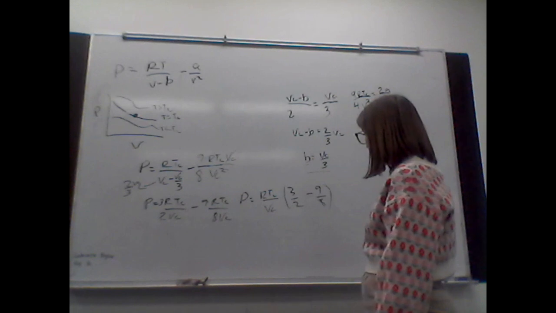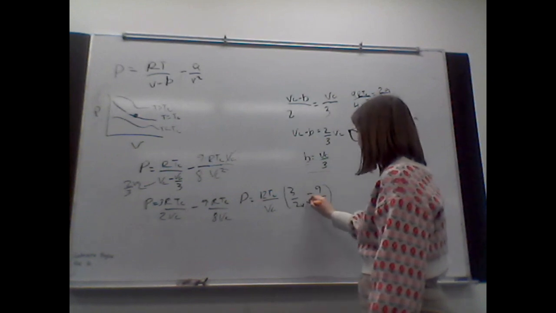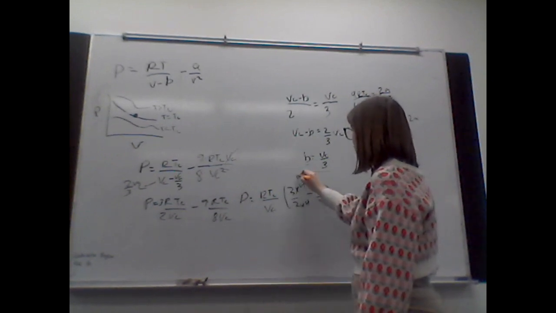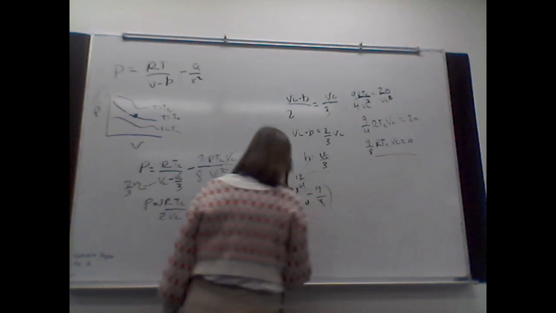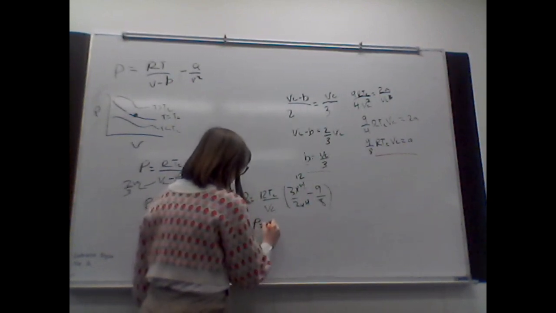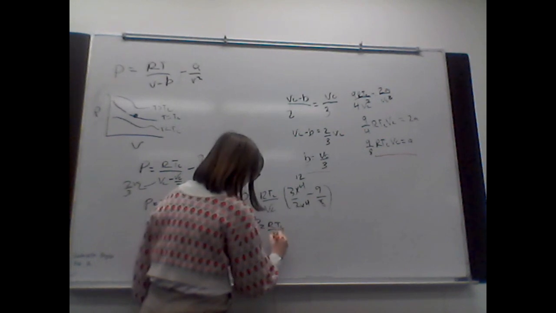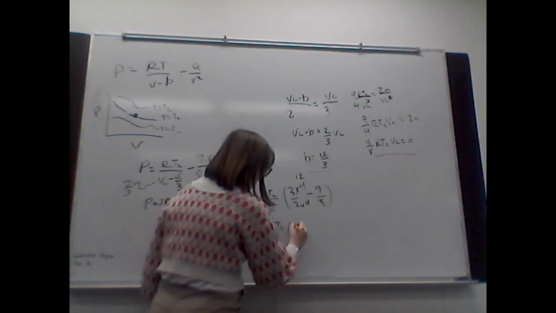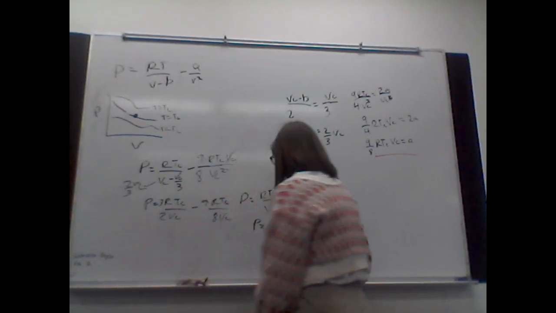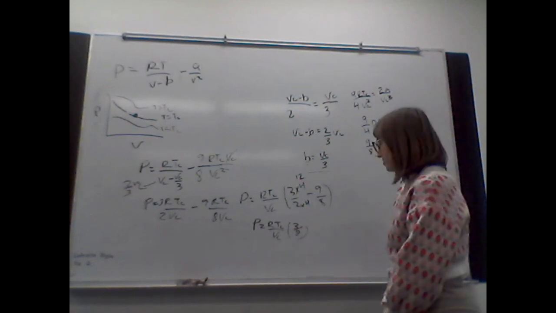Now let's multiply by 4 on this side. Common denominator, that's 12. So P is going to equal RTC over VC, it's going to equal 3 over 8. Okay, so we got our answer as 3 over 8.